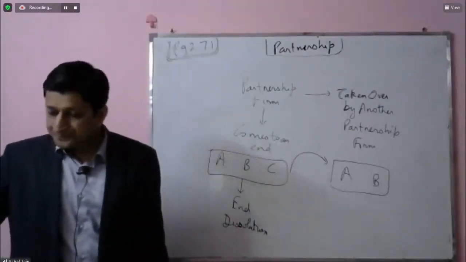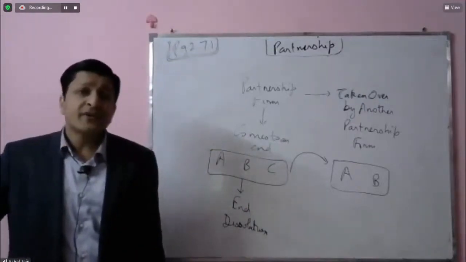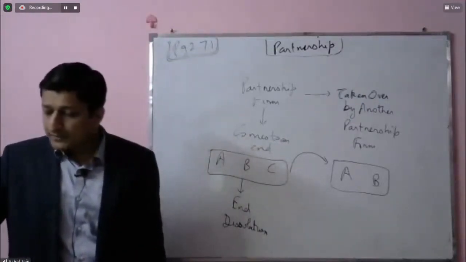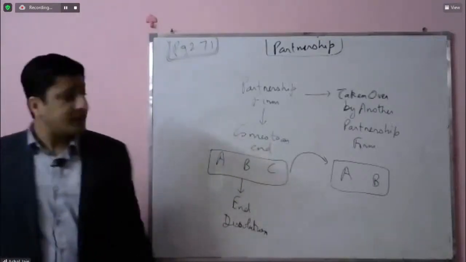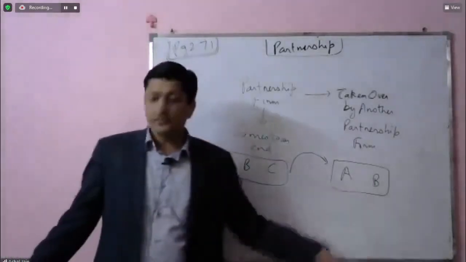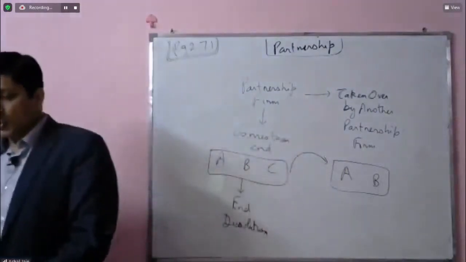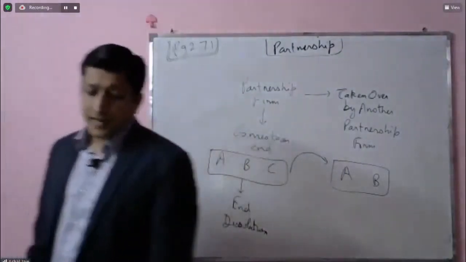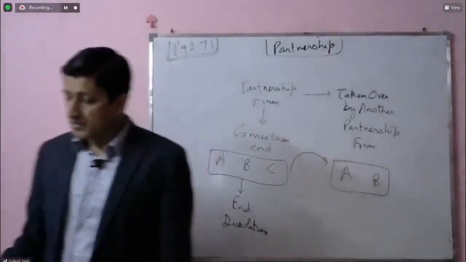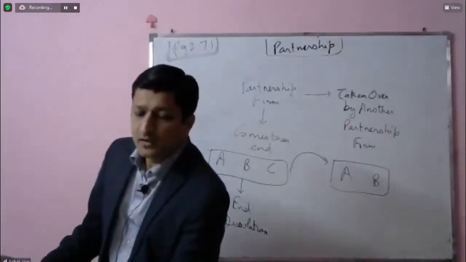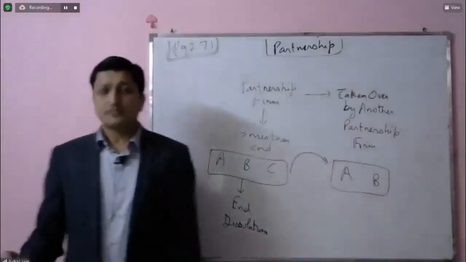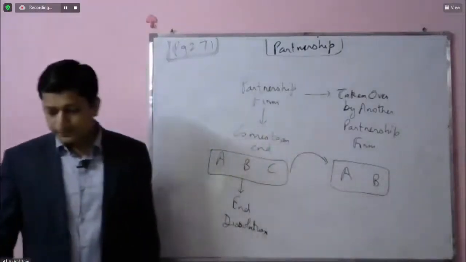Remember? Entries for raising goodwill should be passed. Assets and liabilities which are not taken over by the new firm should be transferred to the capital accounts of the partners.